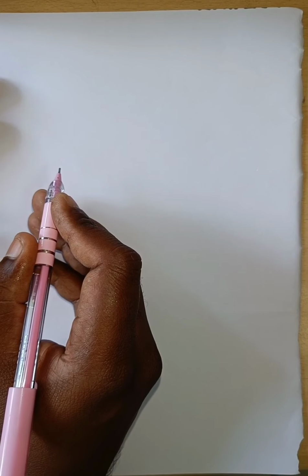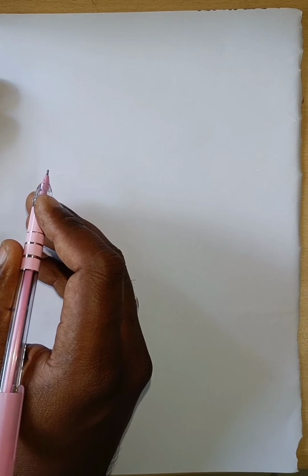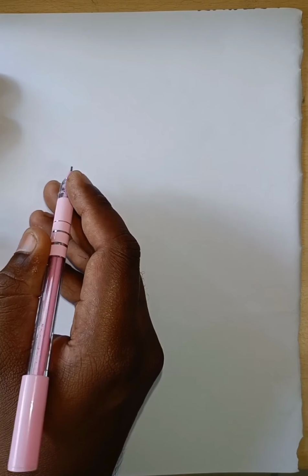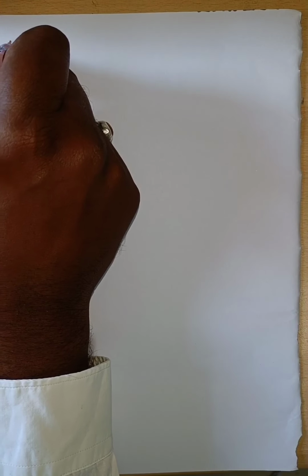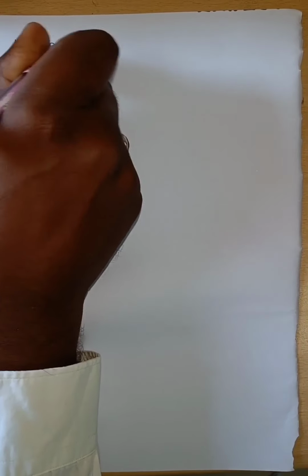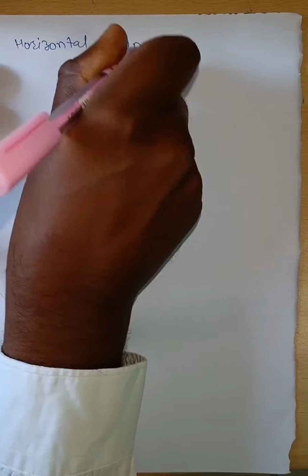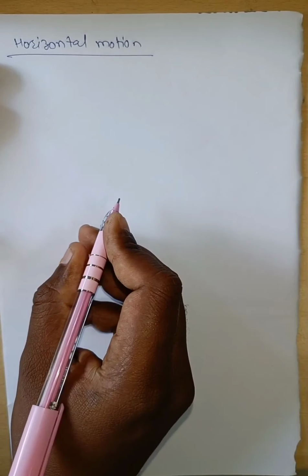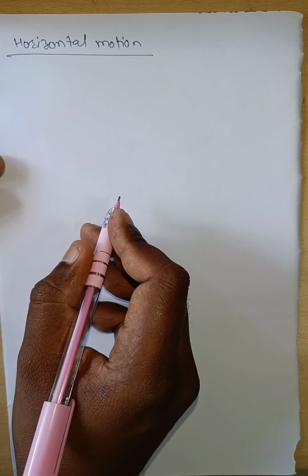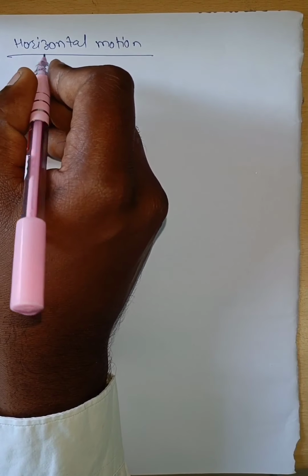In the last video, we have seen the kinematic equations, or equations of motion, for motion in a horizontal direction. There are three equations.